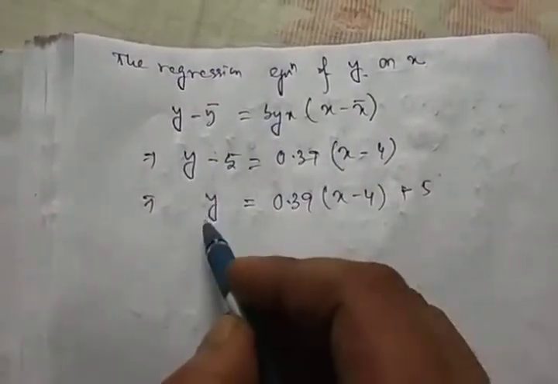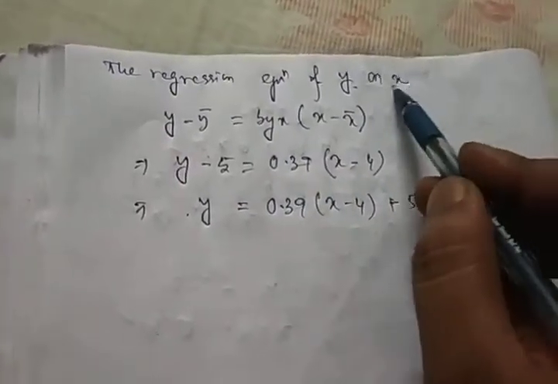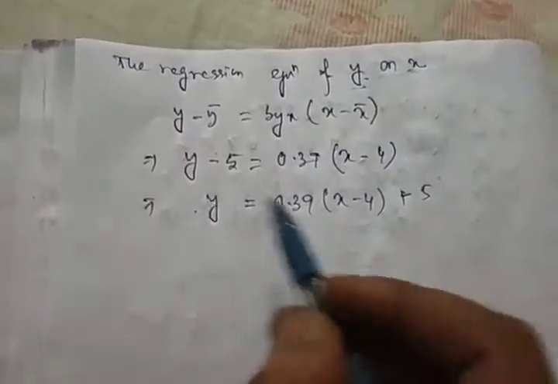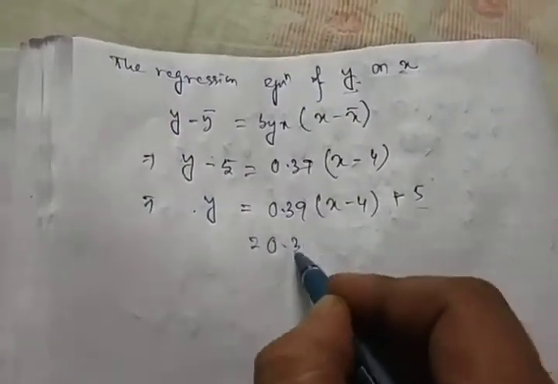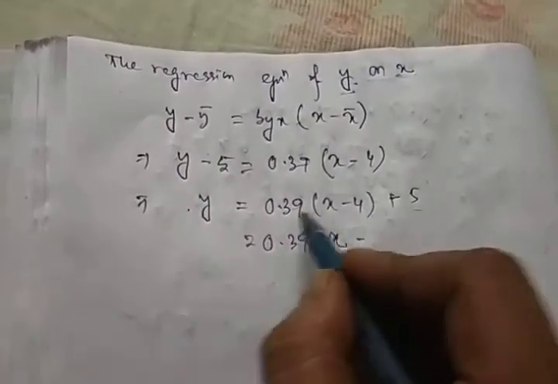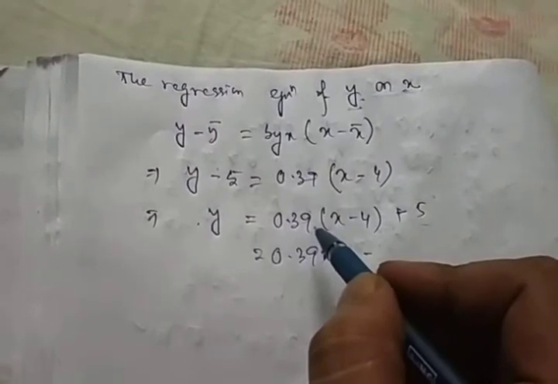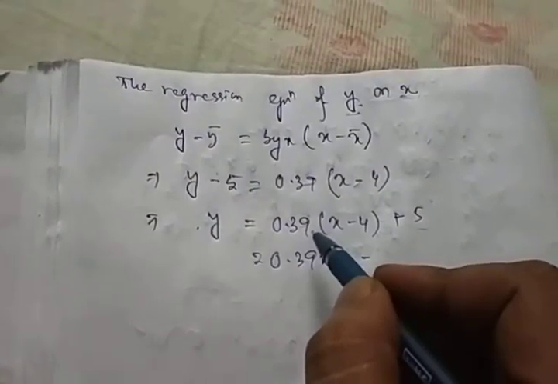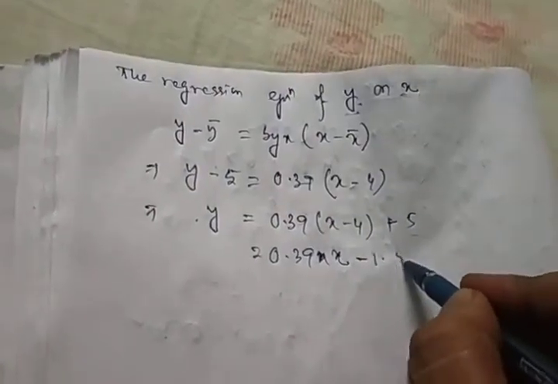Okay, we'll write the equation in this form: y equals, as here x is independent and y is dependent, y equals an expression in x. So after expanding, we get 0.39 into x, minus 4 into 0.39, which is minus 1.56.